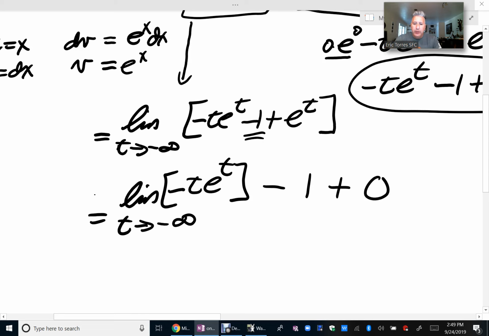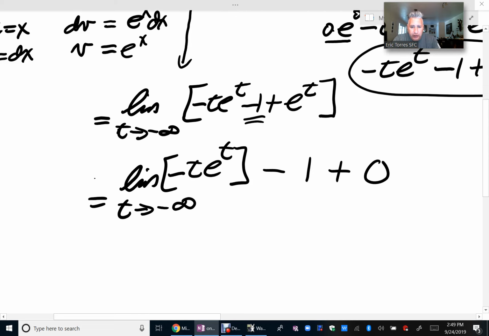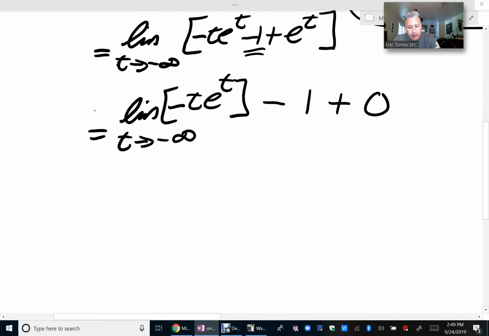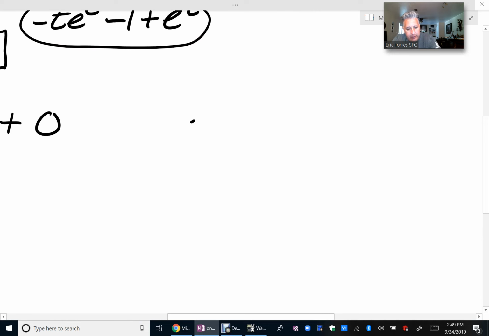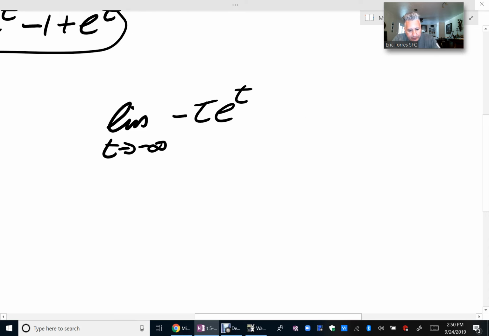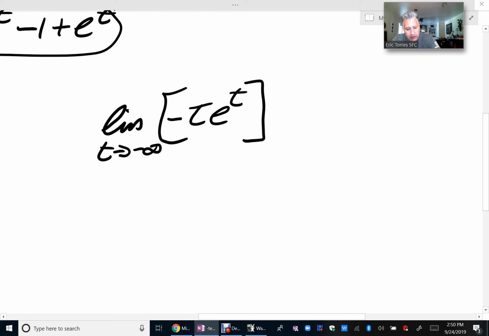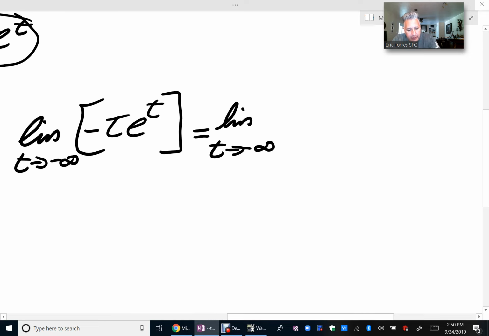Now I'm going to play with this for a moment and rewrite this limit: the limit as t approaches negative infinity of negative t e to the t. One thing you might want to notice is I can rewrite this as a fraction, a tool we have used before when evaluating limits.